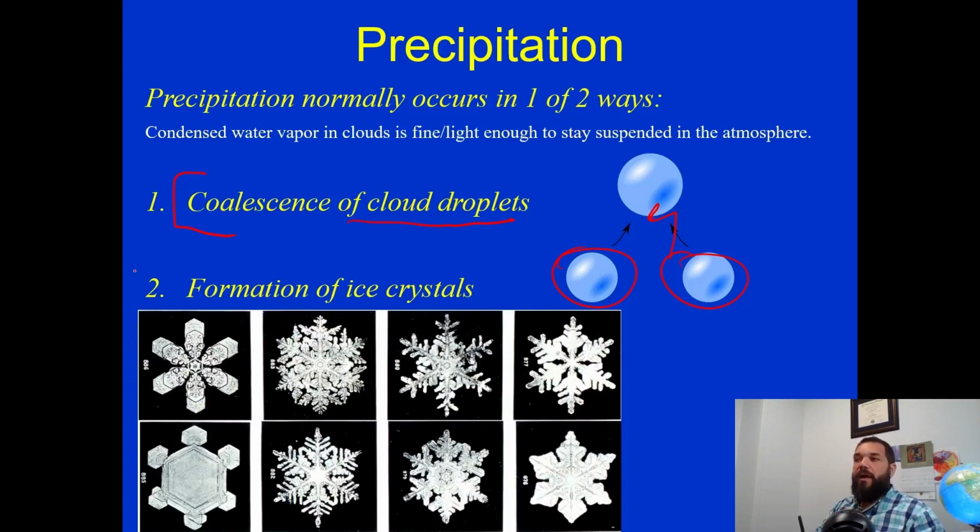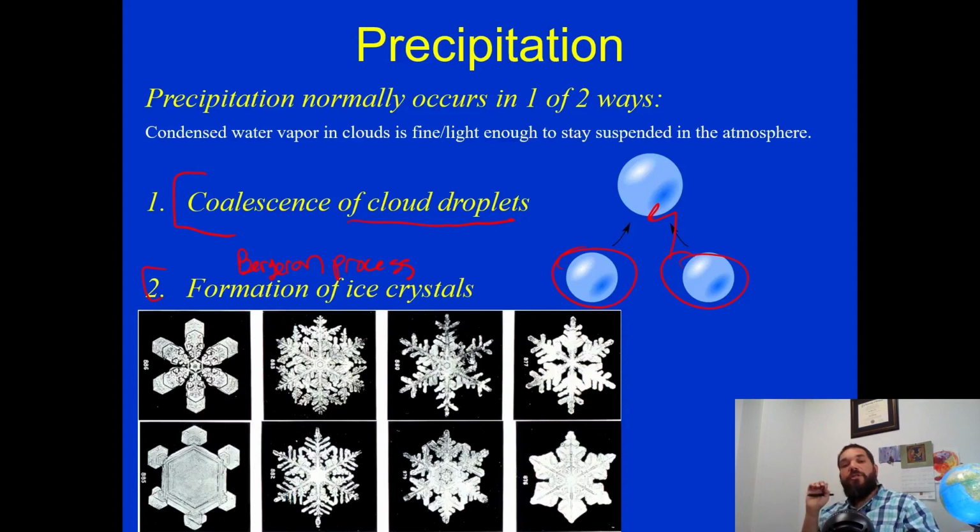Whereas formation of ice crystals, which is alternatively called the Bergeron process, is actually the dominant process for forming precipitation here at the mid-latitudes. So that means north of the tropics. This happens when you get ice crystals forming through deposition, right, through water vapor going directly to the ice crystal phase.